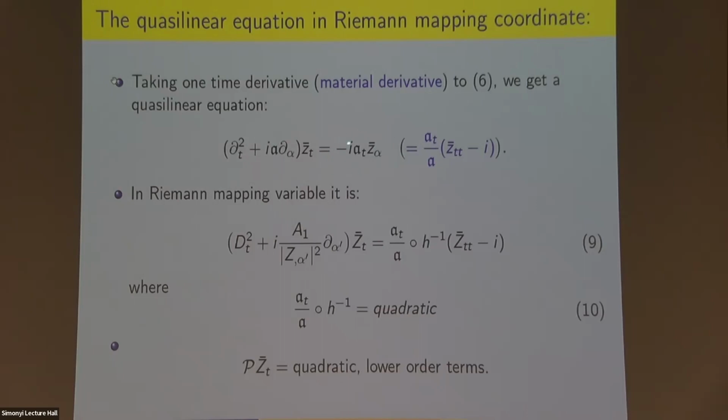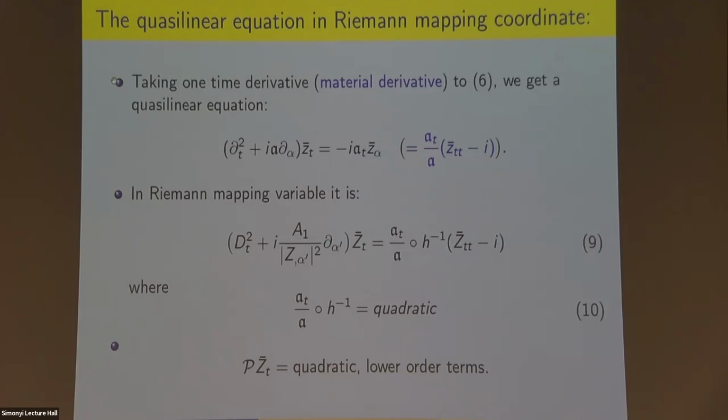Okay, and so this is a typical water wave operator, right? In Riemann mapping coordinates, this becomes the material derivative squared, and this is just a simple change of coordinates and looks like this. And the right-hand side is a lower order term. You just use the holomorphicity relation, because the left-hand side, CT bar, is holomorphic, and the right-hand side points only in the normal direction bar, right?